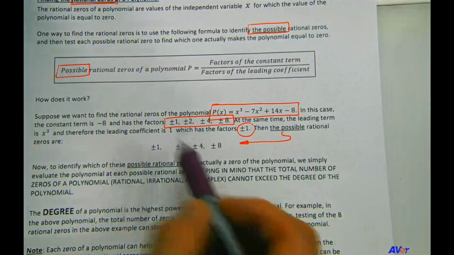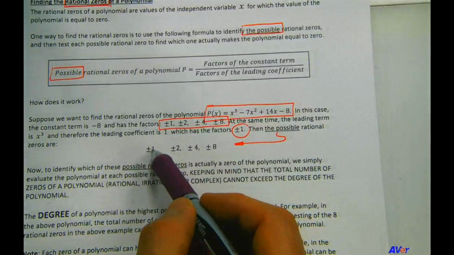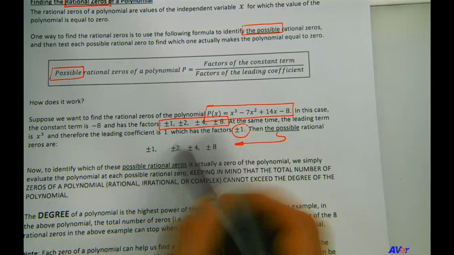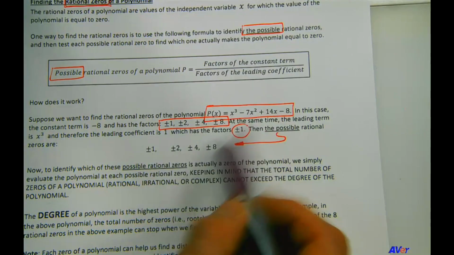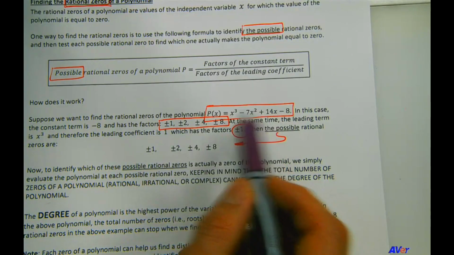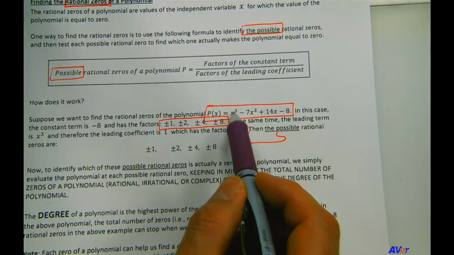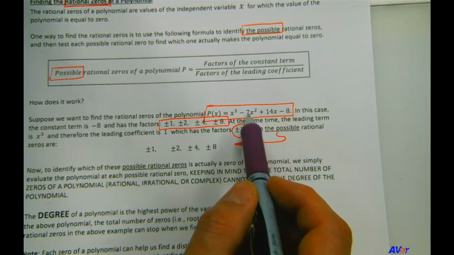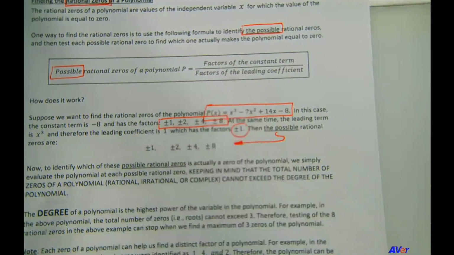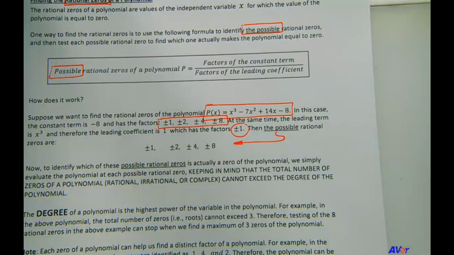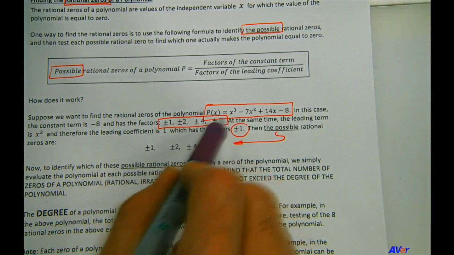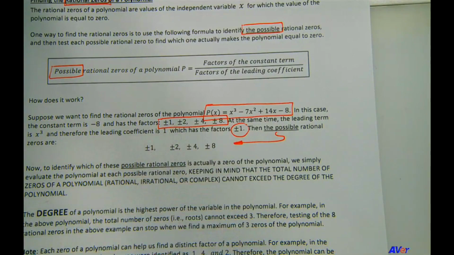Well, the next thing to do is plugging each one of these, positive 1, negative 1, positive 2, negative 2, positive 4, negative 4, positive 8, negative 8, into the x in this polynomial and seeing if the result is equal to 0. If it is, then that number which we plugged in for x to get the 0 is considered a zero of the polynomial.